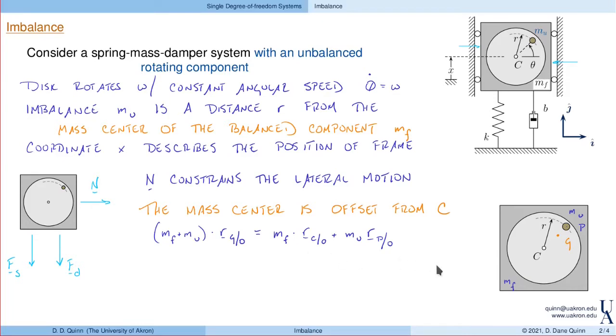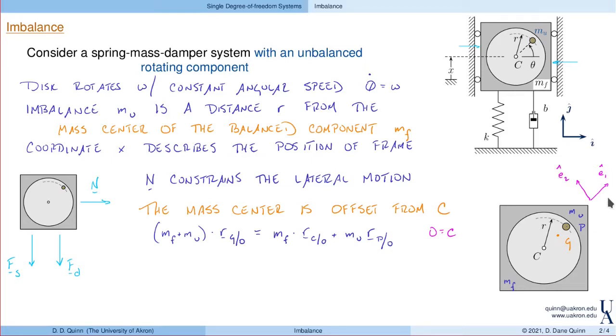And this works for any point O. Well, what's a convenient point? A nice point would be O equal to C, because the position of C with respect to C is equal to 0, and that drops out. We also have the rest of these nicely described. So here, let's identify the direction from C to P as e1. e2 is then the perpendicular direction.